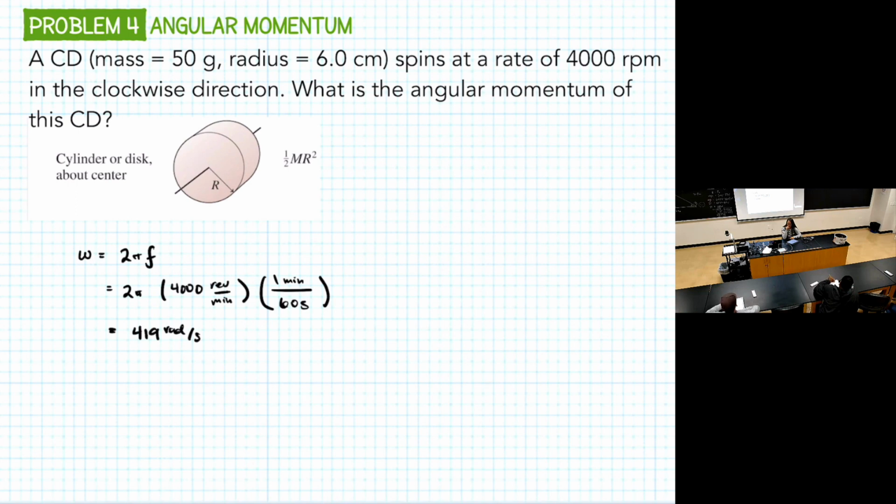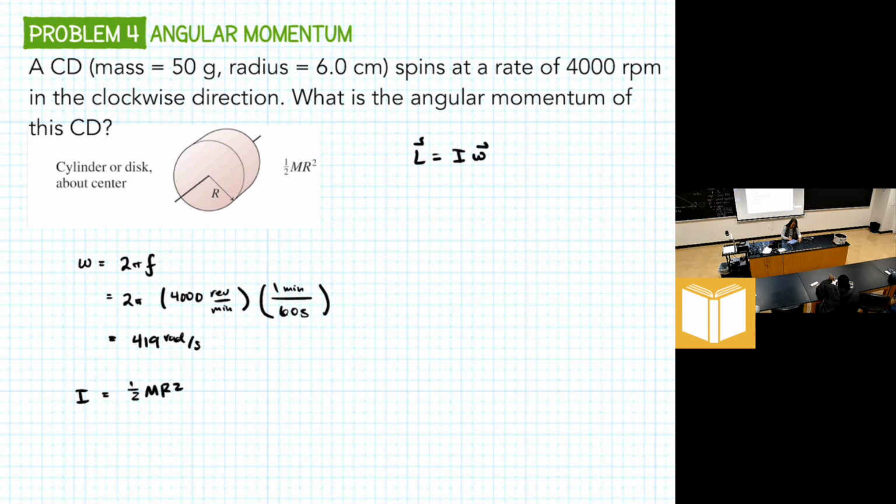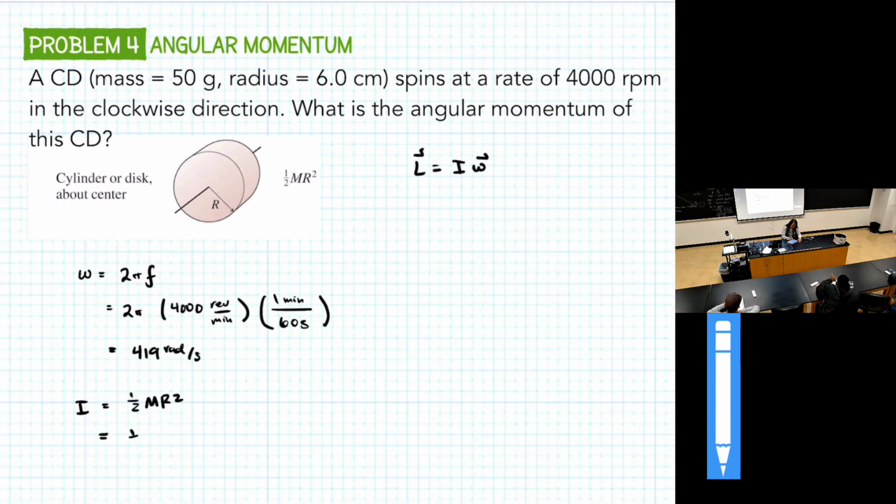If we want to figure out the angular momentum, remember angular momentum is I times omega, where this is a vector. So there's one other thing we need to calculate, and what is that? Moment of inertia, which is I. We know this is for a disk, so we're going to have 1/2 m r squared. That's 1/2 times 50 grams.